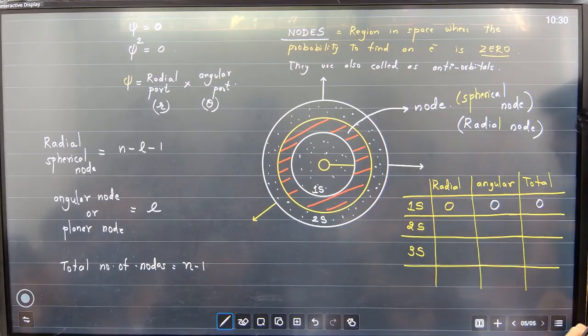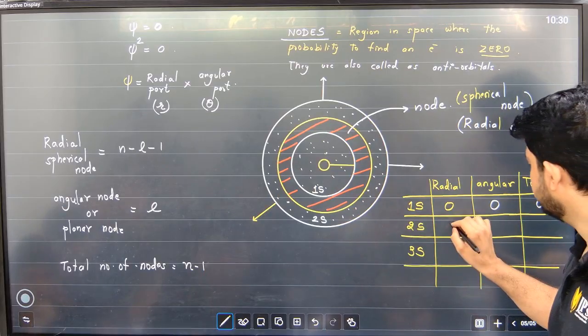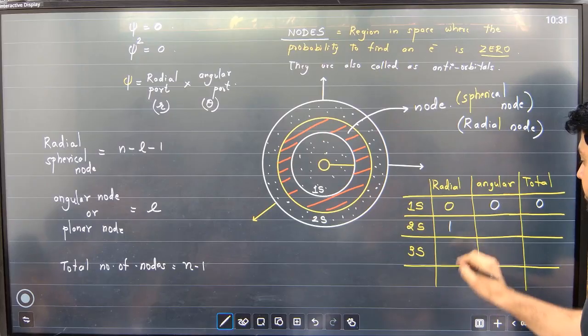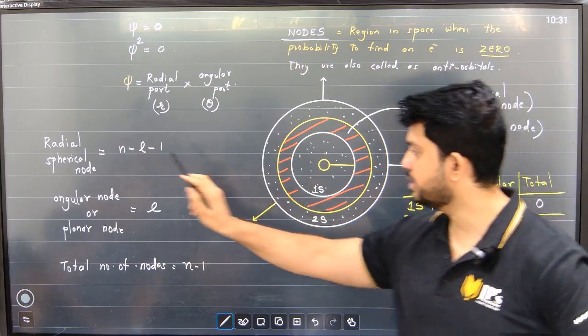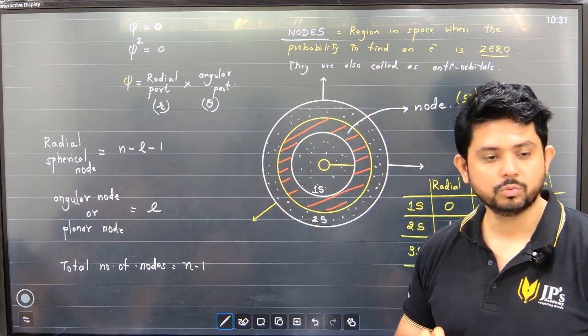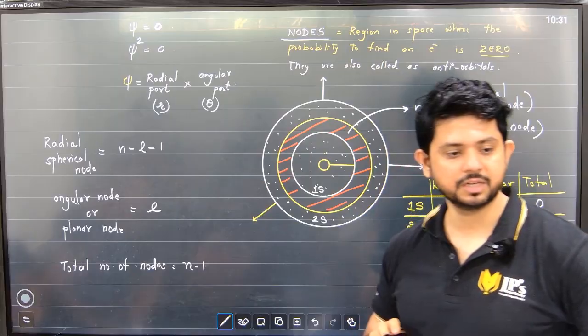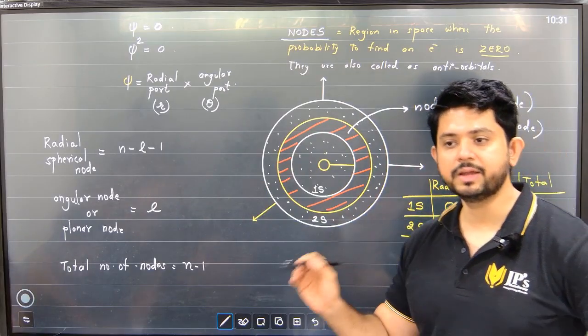What about 2s? 0. Anyone who did not get that कि ये 1 कहाँ से आया? 2s. So what is the value of n? 2. What is the value of l for s subshell? 0. So 2 minus 0 minus 1.